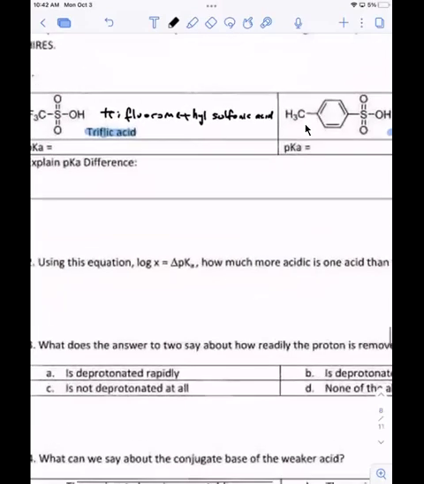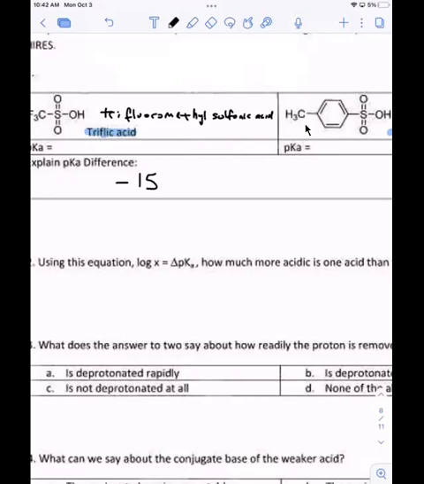I think the pKa of triflic acid is negative. It says -15, but does that sound right? Oh yeah, what did that tell you? If we're measuring pKa, something that's -15 is not a positive number, it's a negative number. What does that tell you about that acid?